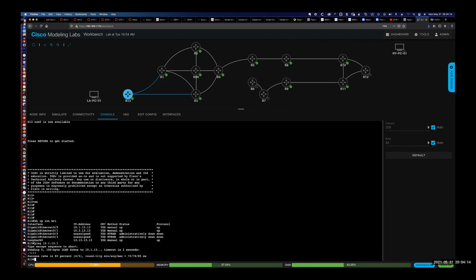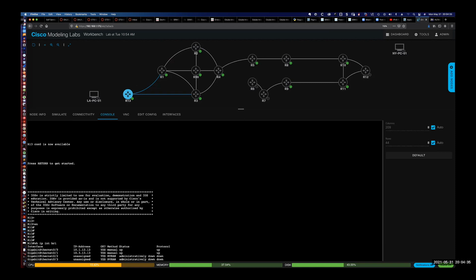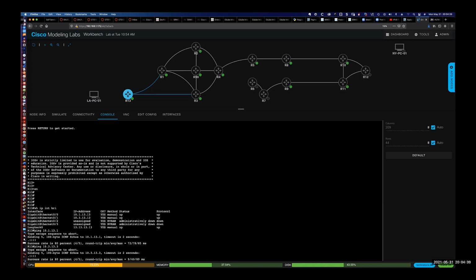So 10.1.13.1 is the IP address right here on that interface for router 1. We're on router 13, so I'm just pinging to show that I've got connectivity. And then let's see if we can ping router 3, so that would be 10.3.13.3. Connectivity to router 1 checks out. We'll check connectivity here to router 3, and you can see we've got connectivity to router 3.